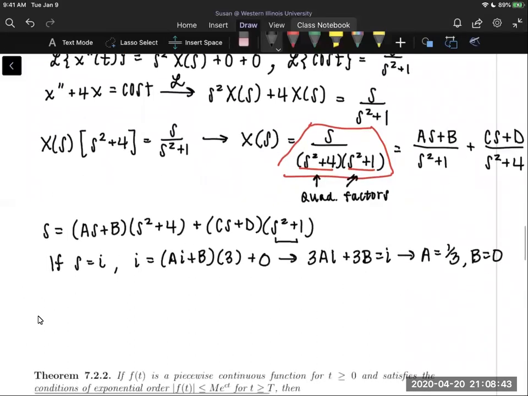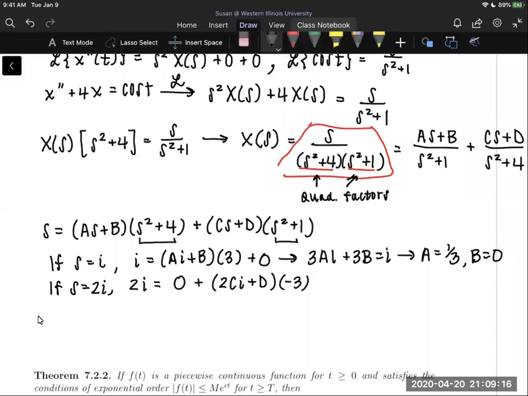Let's do the same thing for c and d. In this case, we're looking for roots of the quadratic factor s squared + 4, and so that's going to be 2i. So if s equals 2i, what do we get? We have 2i equals, the whole first term drops out, and then we have (2ci + d) times (2i squared + 1), and 2i squared is going to be -4, so we get -3.